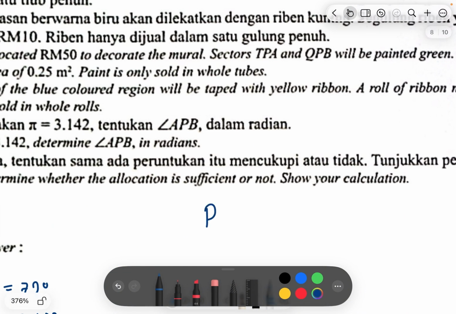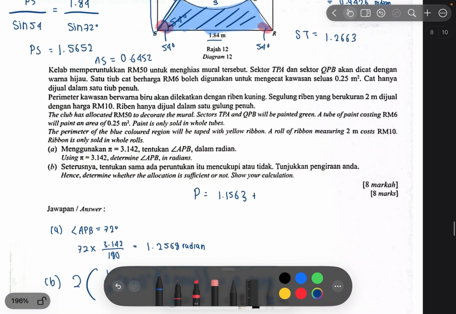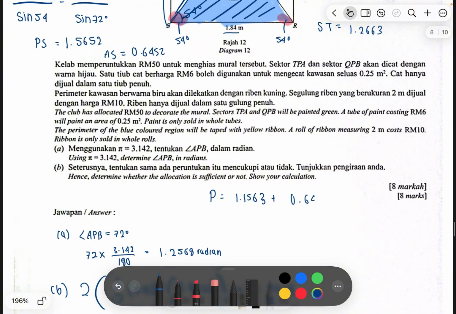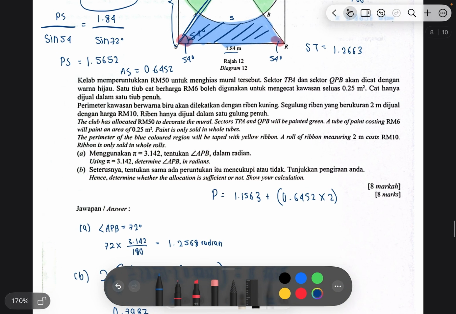Okay, so perimeter is 1.1563 plus 0.6452 times 2 because there are two sides, and then plus 1.84. So perimeter is equal to 4.6934.